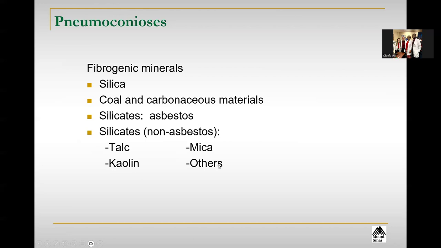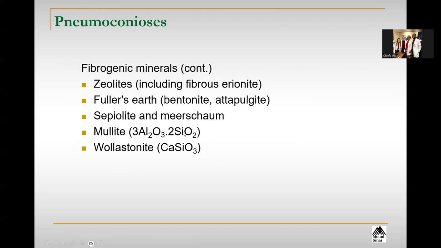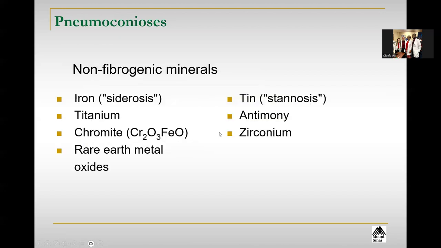But these are the major fibrogenic materials. These are less frequent, and they have some very colorful names, and sometimes require mineralogical expertise to really establish, and they may be silicates like these two listed here at the end, but they are much less frequent.